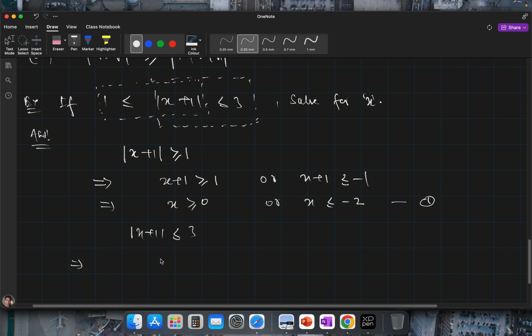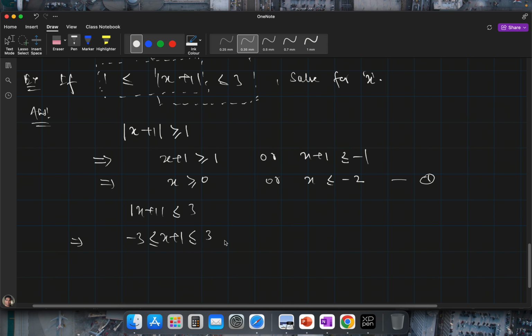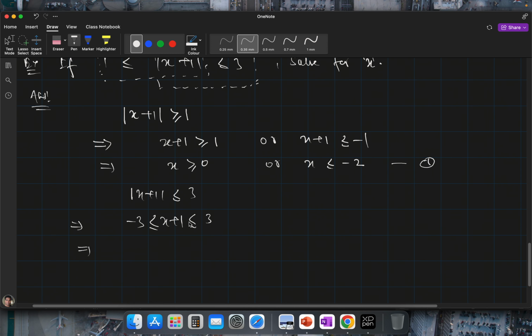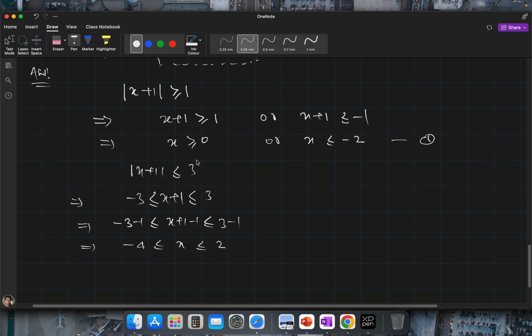The solution of this is x plus 1 will be between minus 3 and 3. Add minus 1 on both sides, and you will get x between minus 4 and 2. So the first set was this and this was the second set.